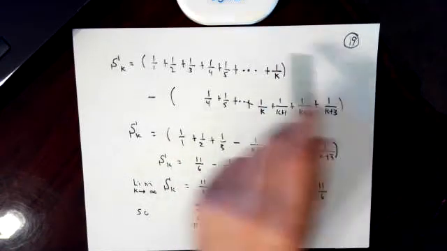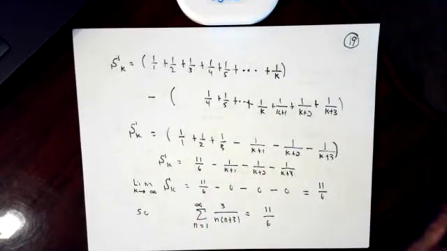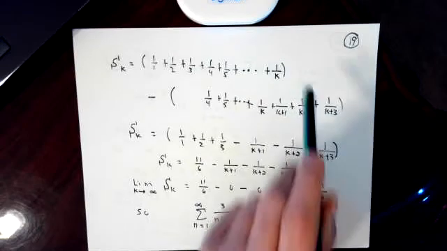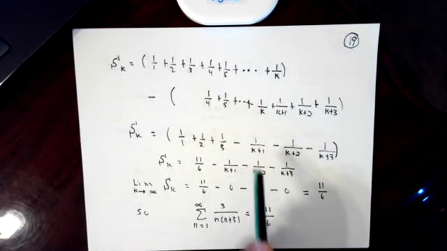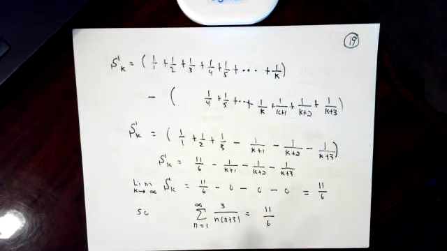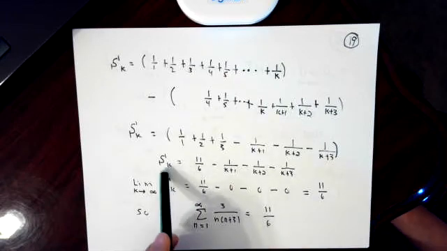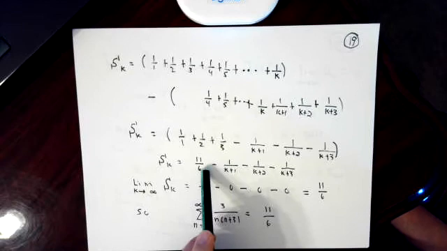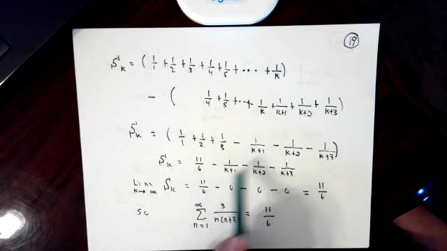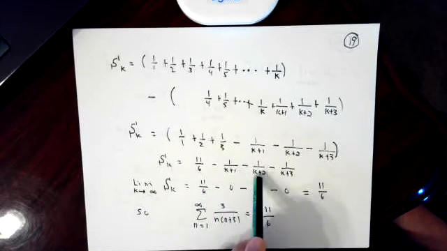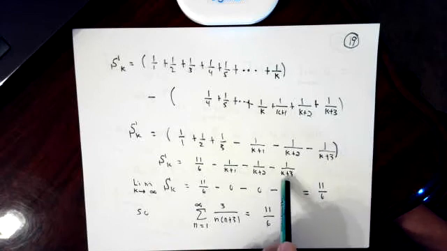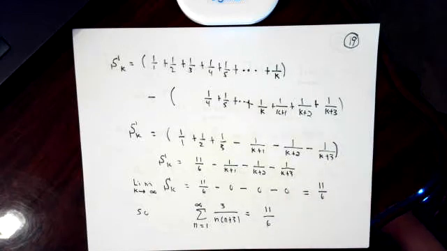There is no 1 over k plus 1 or 1 over k plus 2 or 1 over k plus 3 in this part, so those hang around also. If you add up the fractions, if I've done my arithmetic correctly, that's 11/6. S sub k is 11/6 minus 1 over k plus 1 minus 1 over k plus 2 minus 1 over k plus 3.